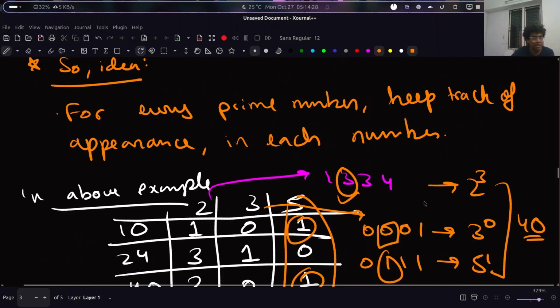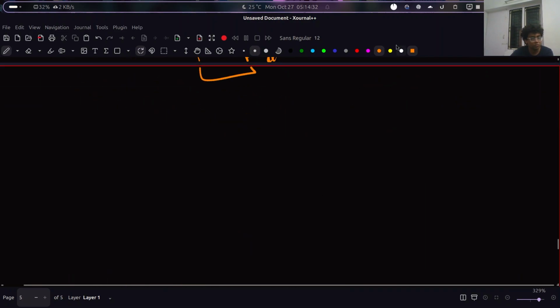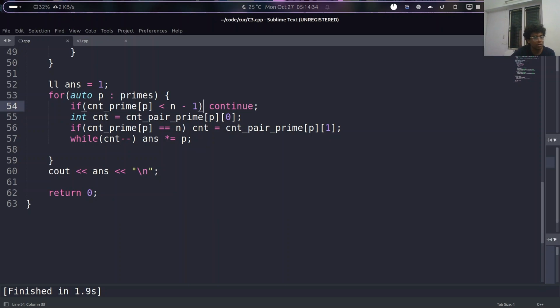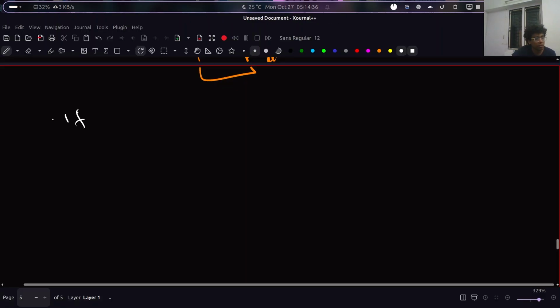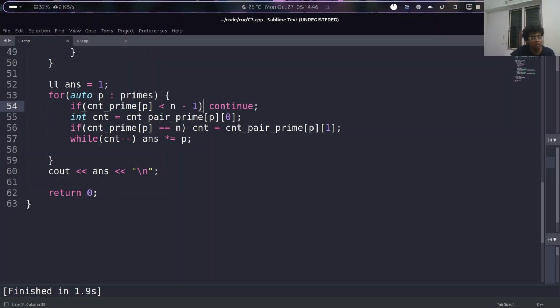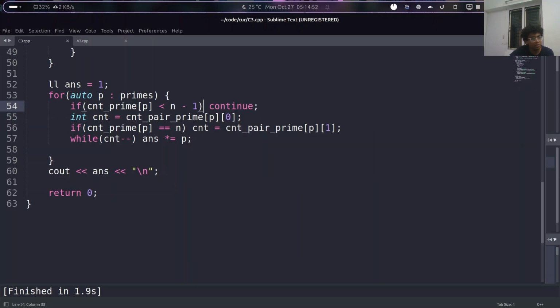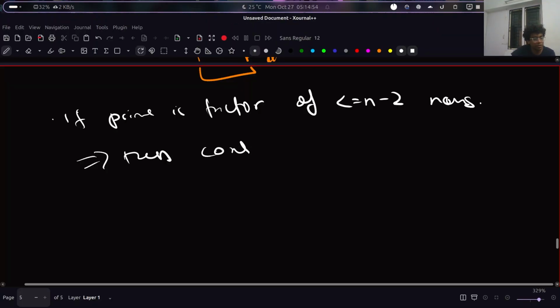If a prime appeared n-2 times, it will not be appearing in the final GCD. So if the prime is a factor of n/2 or fewer numbers, this will not be counted, so we can just continue.